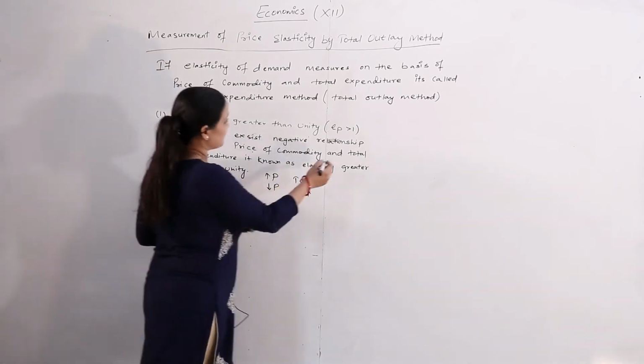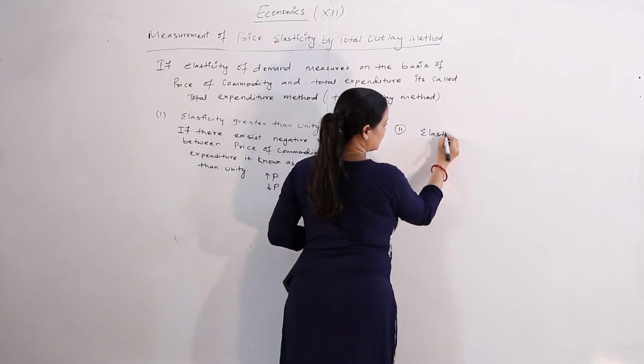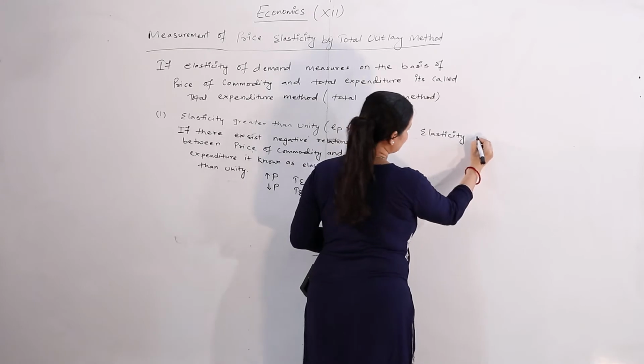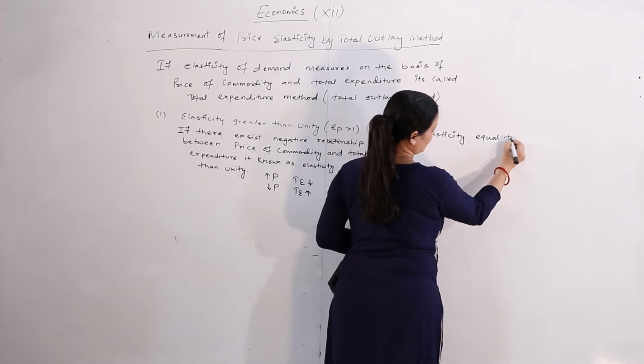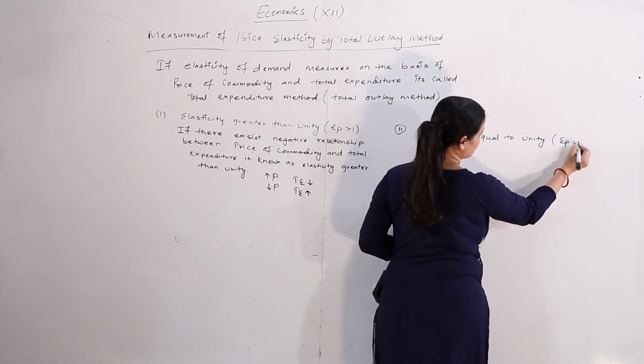Now another statement: elasticity equal to unity. It means EP equal to 1.